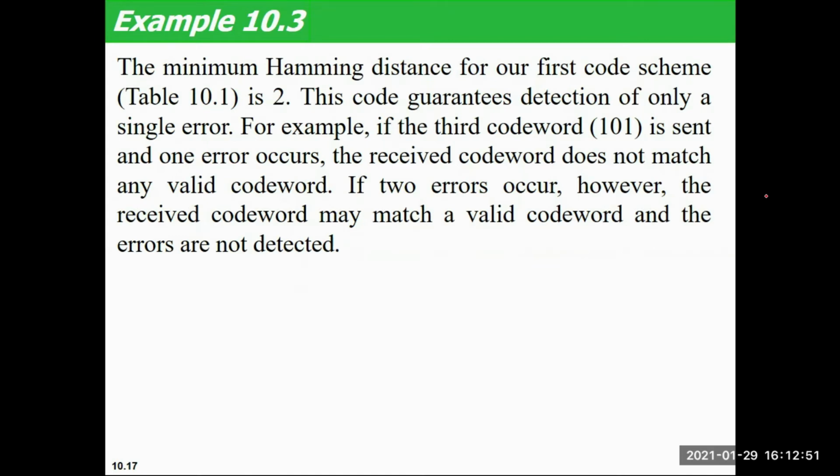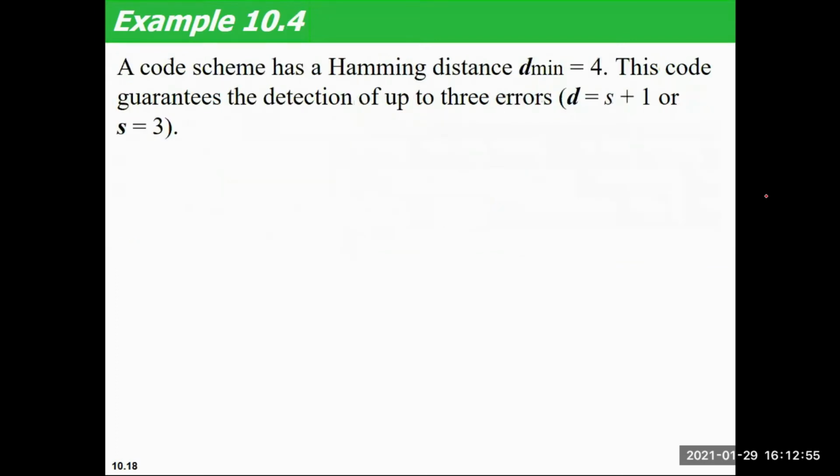So for example, if your Hamming distance is 3, you can sense a 2-bit difference. So let's take an example where our Hamming distance is 4. This code guarantees to detect up to 3 errors.